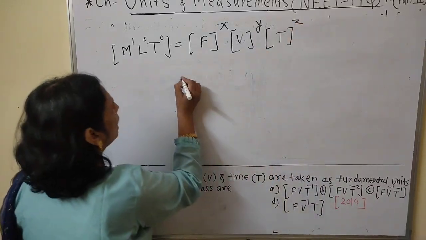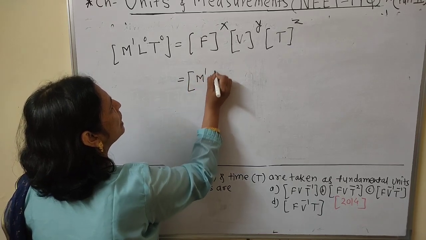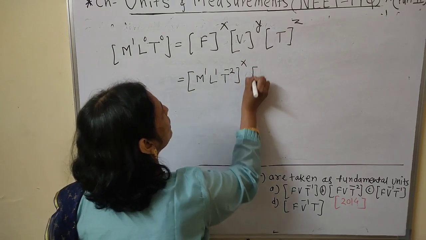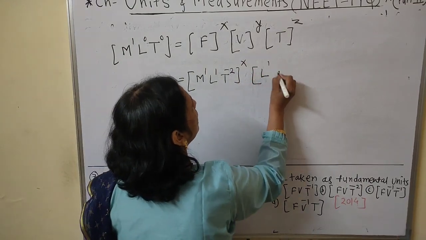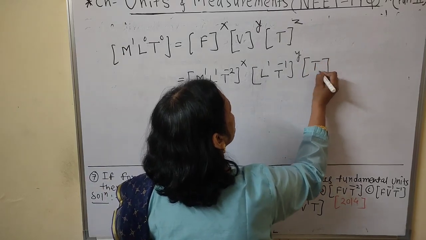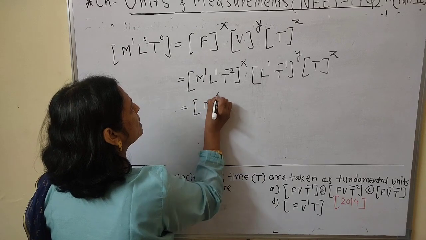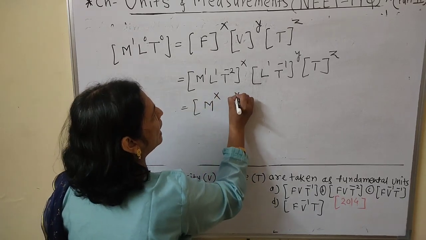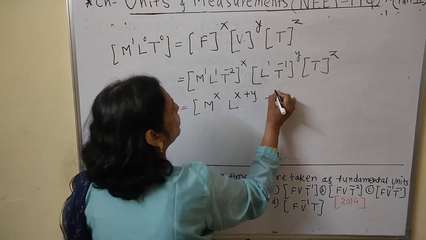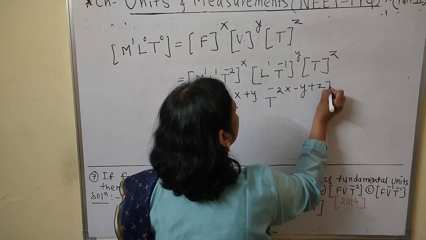Now write down dimension of F, M raised to 1, L raised to 1, T raised to minus 2, raised to x, velocity L raised to 1, T raised to minus 1, raised to y, and time T raised to z. Now write down here M raised to x, L raised to x plus y, and T raised to minus 2x minus y plus z.